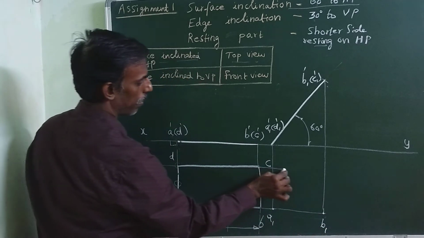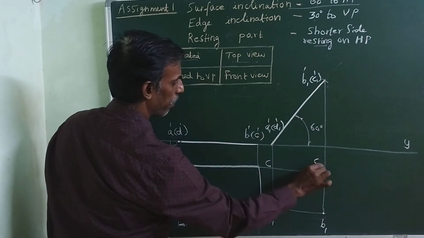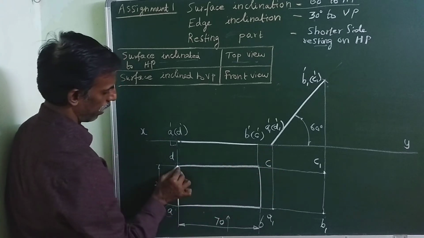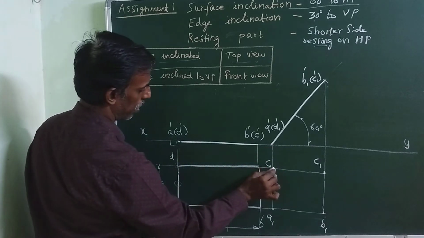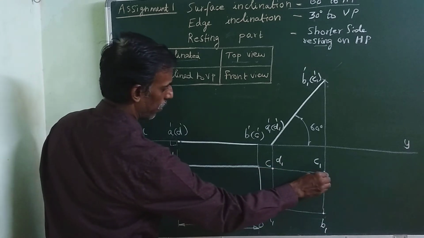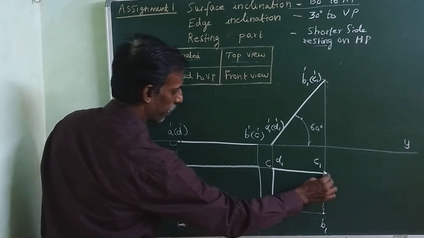Then extend the corner point C, C1 dash, forming C1. Similarly D1 dash and the corner point D. Both are intersecting, forming D1. So, we are getting the apparent top view.